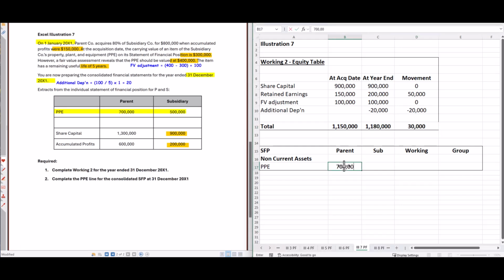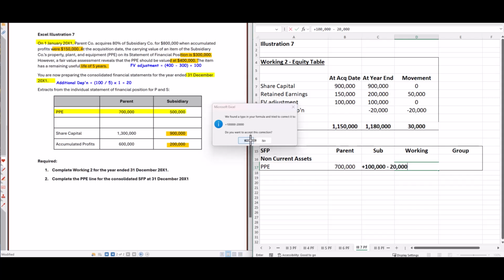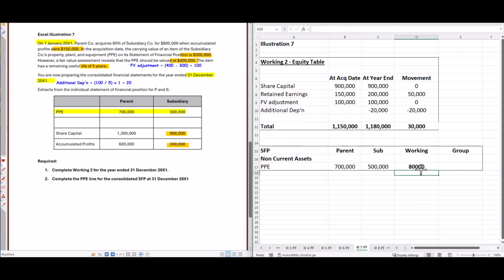So we had 700 for the parent, we had 500 for the sub, but we now need to bring in our adjustments, because remember, the fair value adjustment of 100 less the depreciation is going to be total 80,000, and then when we add across, we've got 1280.